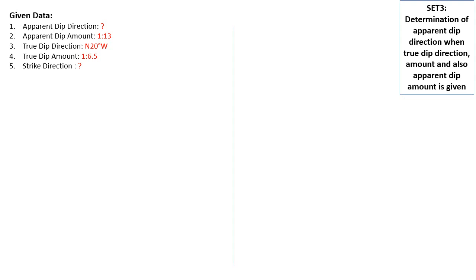As usual, we will draw a north-south and east-west line exactly perpendicular to each other, meeting at point O. Here we will use the scale of 1 unit is 2 centimeters. We are going to reduce the scale to half because the amount given here is 1 is to 13, and 13 is too big to draw on the paper.